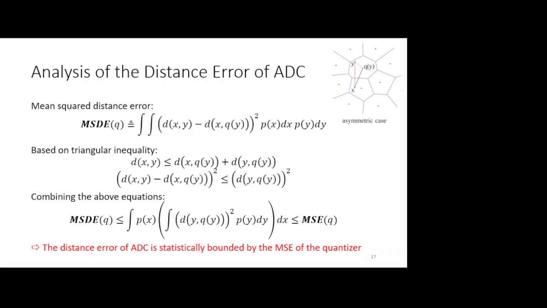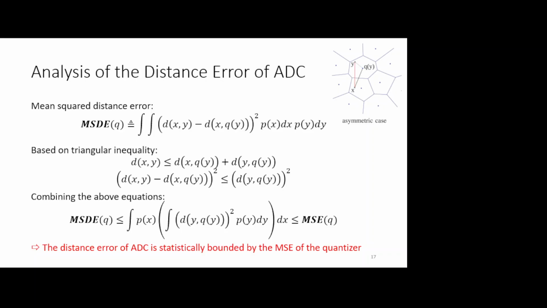And what is it? This is actually the mean square error between the original y and the quantized y, their distance. We call it the quantization error.